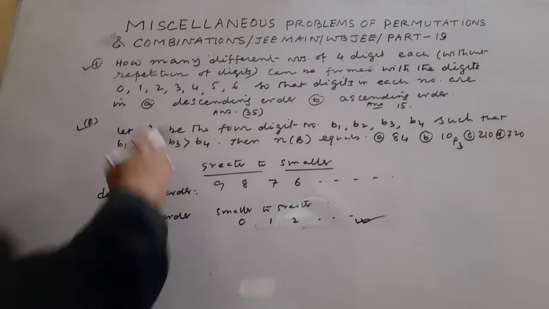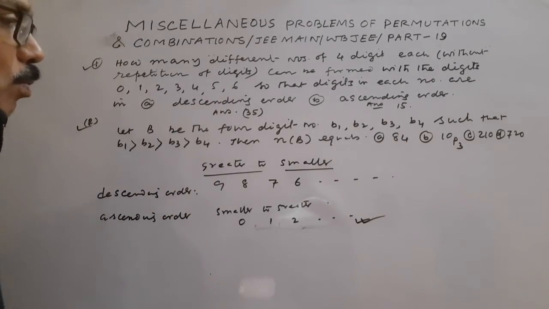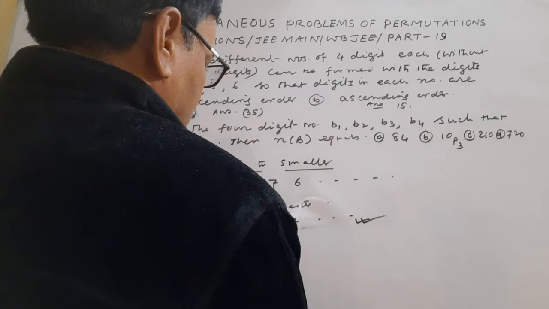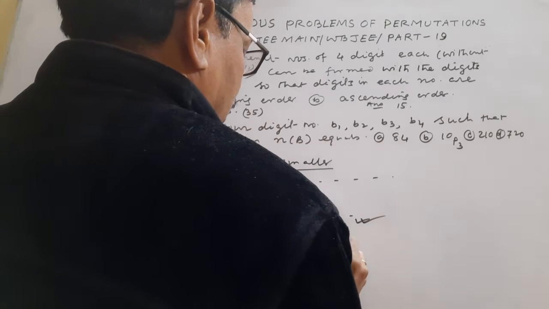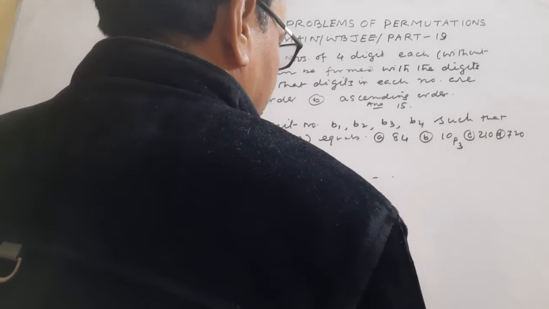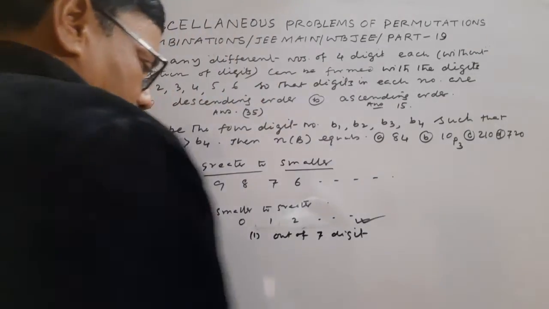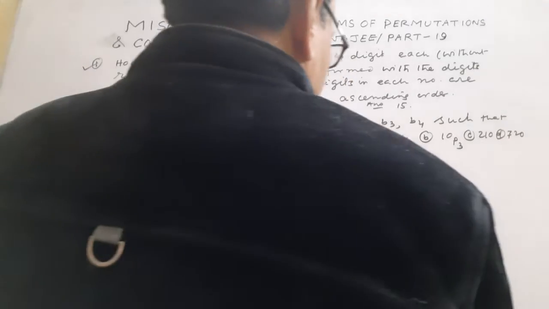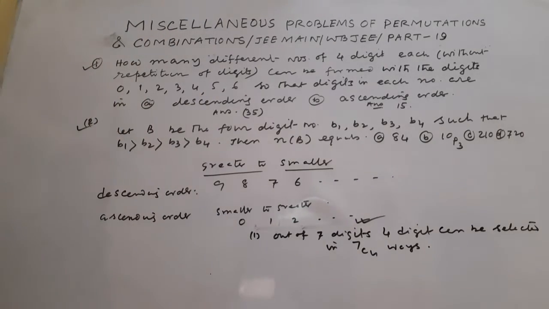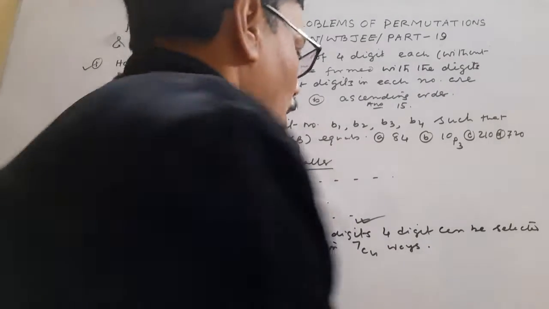Out of 7 digits, 4 digits can be selected in 7C4 ways.